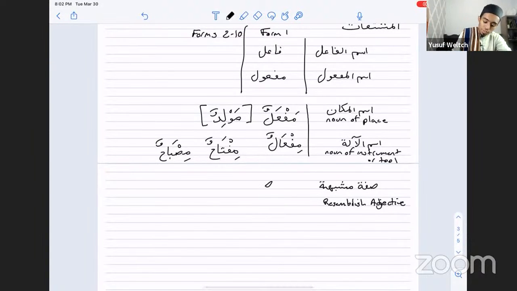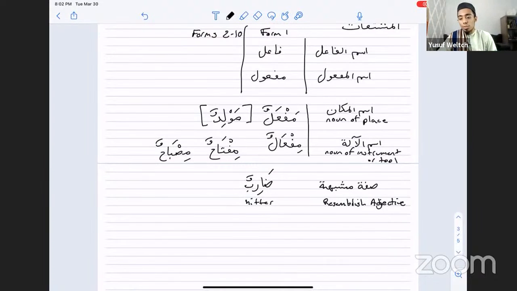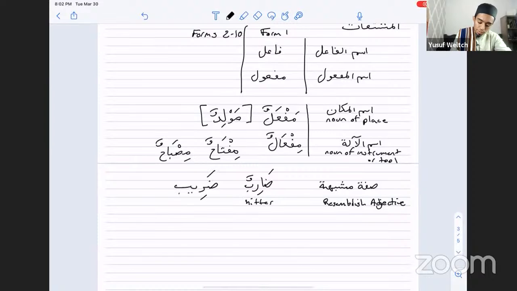If I said darib, a person who's a darib, that means they're a hitter at the moment, but it doesn't mean that all they do in their life is hit. Whereas with the sifa mushabbaha, if you called somebody darib, that means they're abusive. They always hit. So these are more permanent qualities as opposed to the ism al-fa'il.